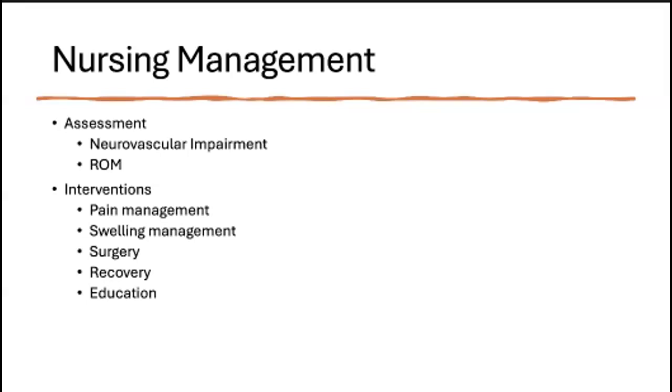We need to assess them frequently because as swelling increases, a support or immobilization device that initially fit appropriately might become tight. So we need to do neurovascular status assessments before and after the application of any splint, compression device, cast, or wrap. We also need to teach parents to assess for neurovascular compromise at home.